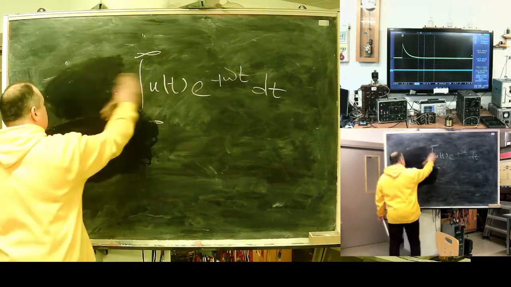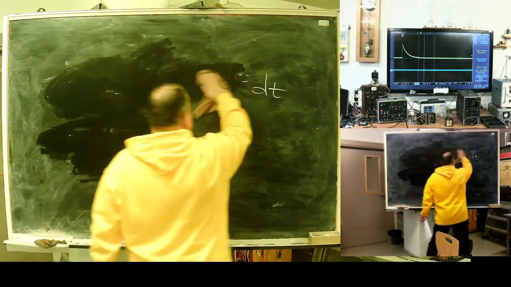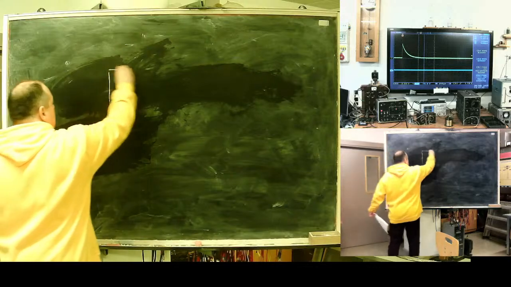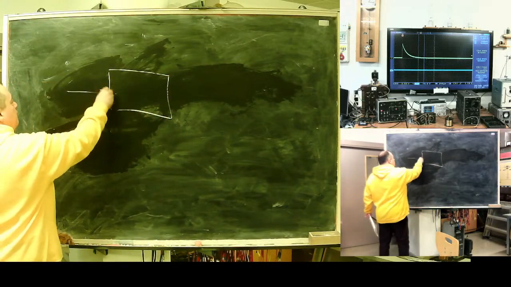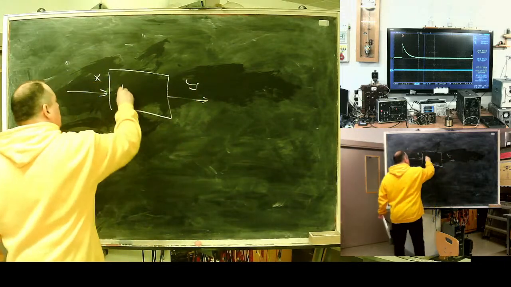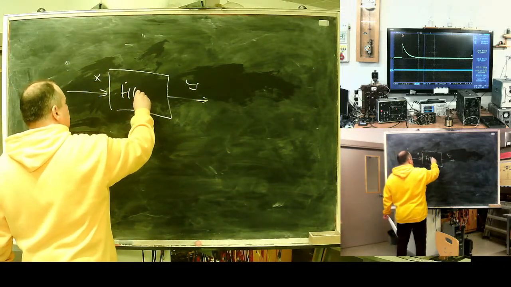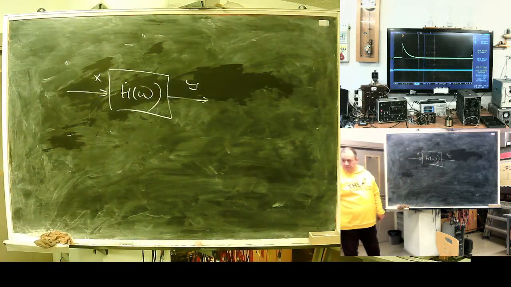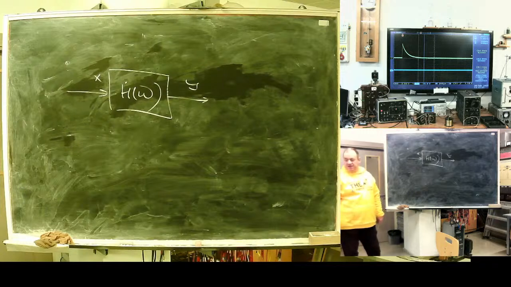Remember the idea of the transfer function. If I have a circuit with input and output, it can be represented as a complex frequency function. Remember my four circuits: capacitor, resistor, and coil, resistor.